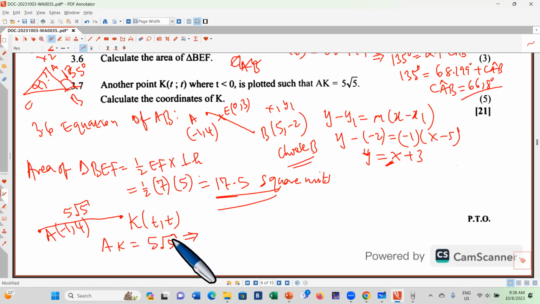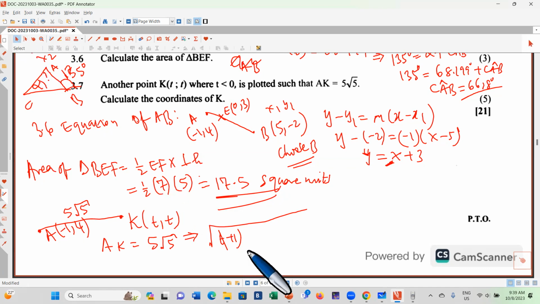This means AK now is going to be the square root of t plus 1.